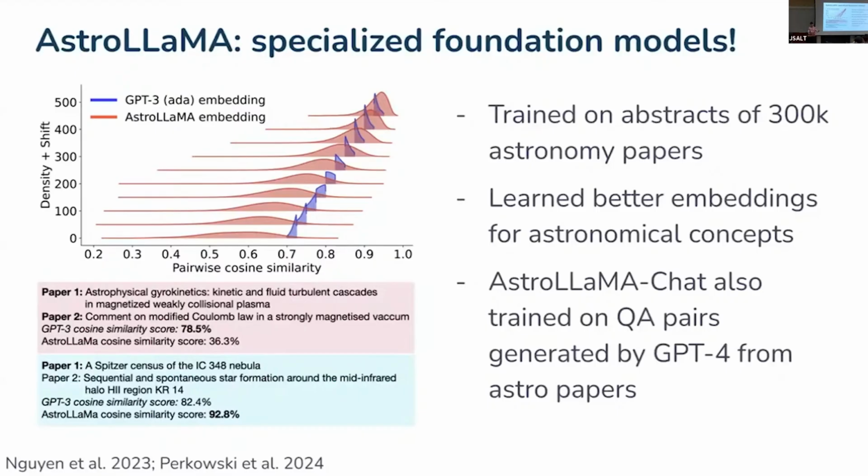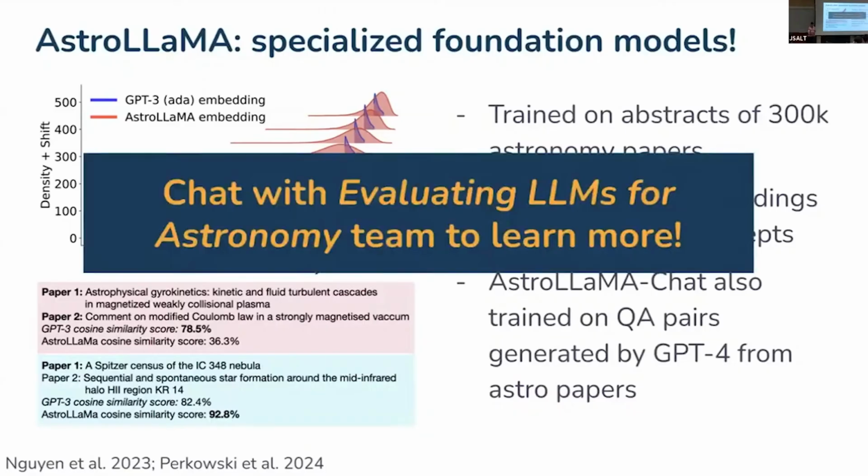So that is a more conversational model. You can actually ask it proper questions. There's a Hugging Face endpoint that you can play with if you want. A number of members on our team, the Astronomy LLMs team, have been involved in this kind of work, so definitely chat with them if you want to learn more.